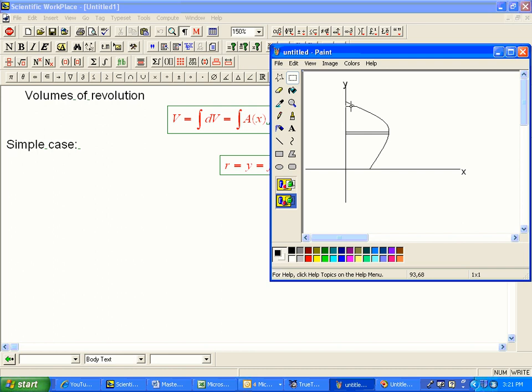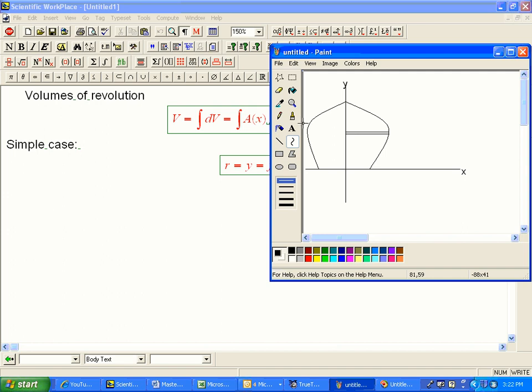Suppose I took this region in here, and I've drawn a representative strip in here. Suppose I took this region and revolved it around the y-axis. At the risk of not having enough room to do this, let me try to double this. It's not going to look very symmetrical, but okay.